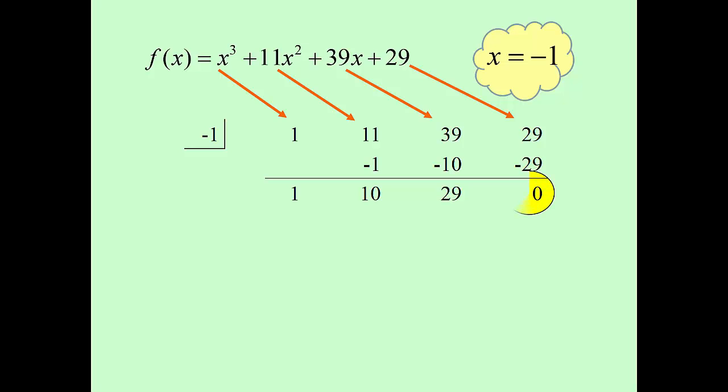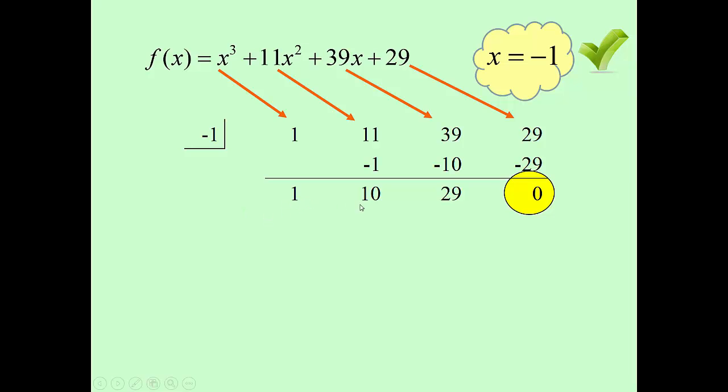Since we get a remainder of 0, then x plus 1 is indeed a factor, and negative 1 is a zero of the polynomial. And since it's x to the third degree, we still have to find two other zeros.